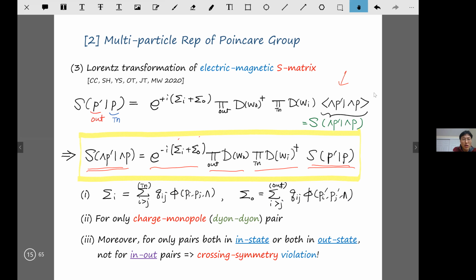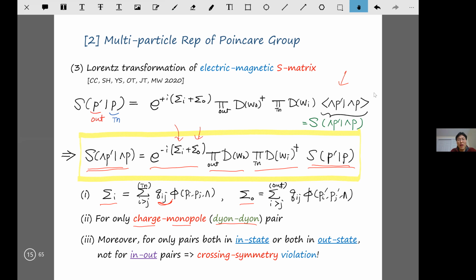Here I just wrote the explicit expression, but basically that just means that you consider all possible pairs of the fermion and monopole. For each of them, there are associated Qs, and you just write down the entire phase that is relevant. Now, this phase is for the charged-monopole pair, or dion-dion if you want to do more general studies.